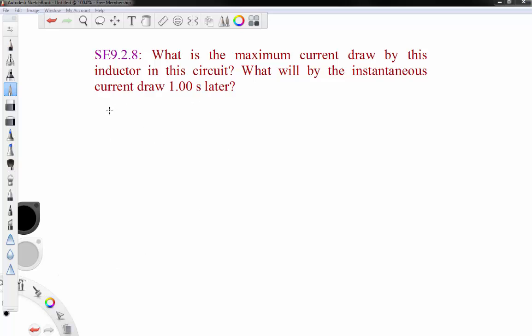Well, again, you can use that I max is equal to delta V max divided by the impedance. So this would be 120 volts divided by 4.523 times 10 to the minus 7 ohms.